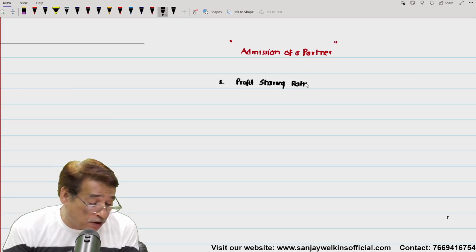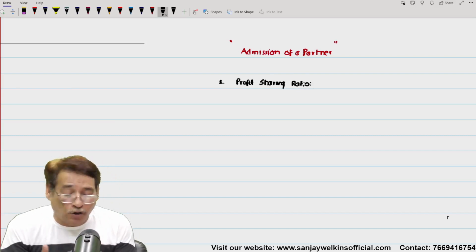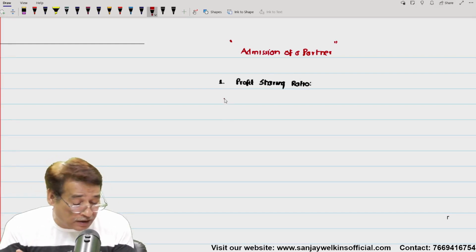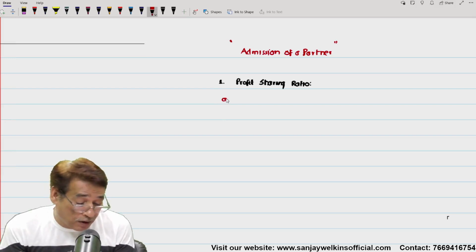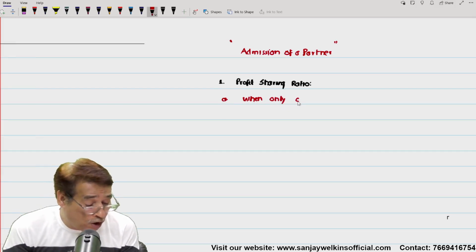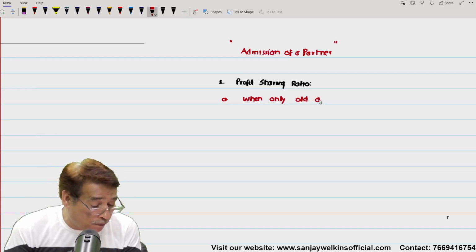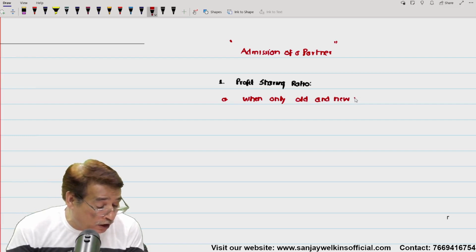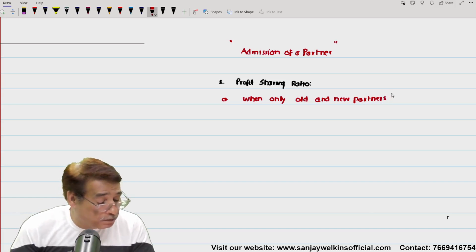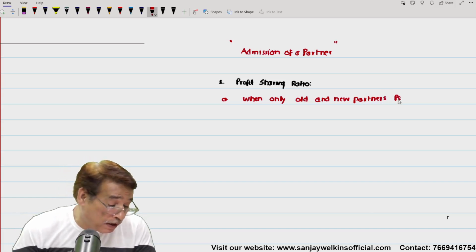Generally, we come across three types of situations while computing the new profit sharing ratio. The first situation is Situation A: when only the old and new partners' profit sharing ratios are given.